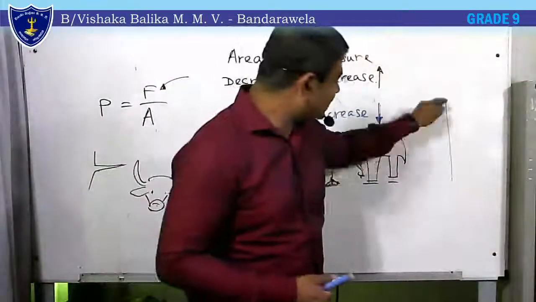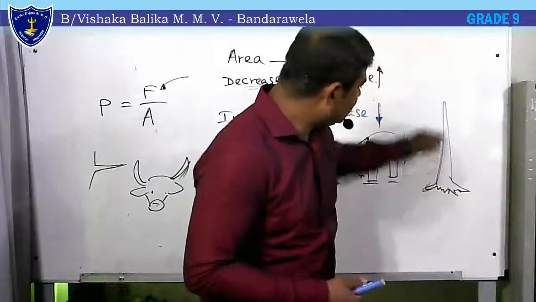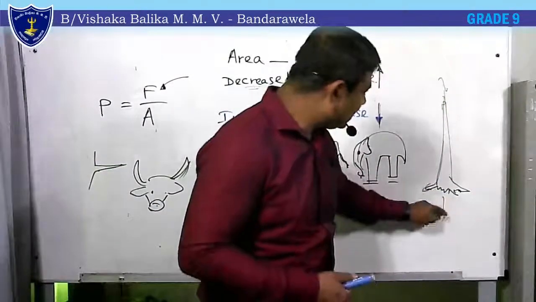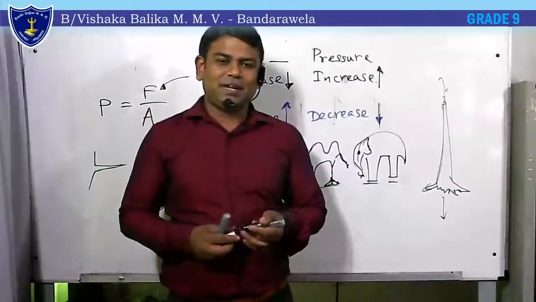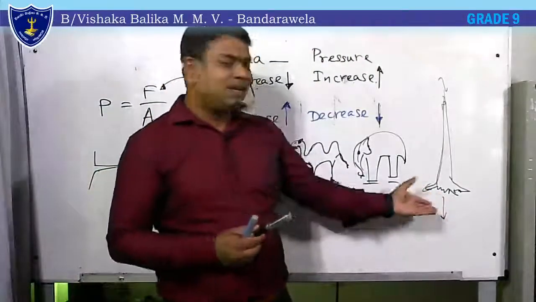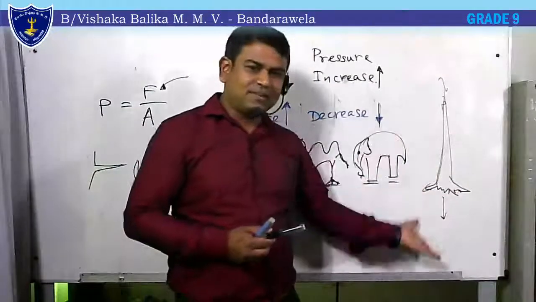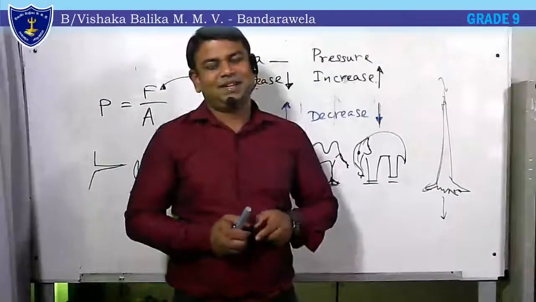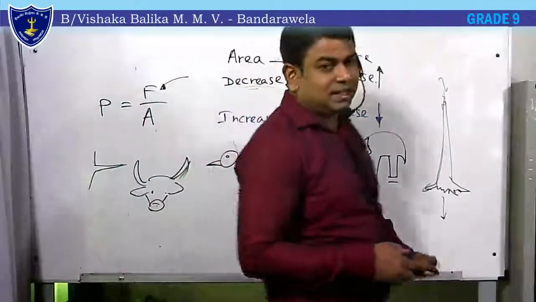And trees have wide root systems to prevent them from sinking in the ground. We made foundations for buildings. I think we have copied that from the trees. Trees have wide root systems to prevent them sinking in the mud. Likewise, we can see these applications in nature.